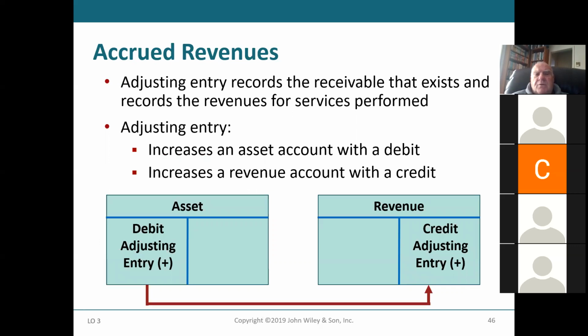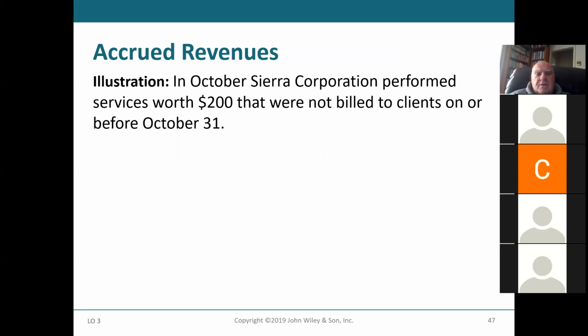The adjusting entry records the receivable that exists and the resulting revenue. So we have an asset going up. We're going to have a receivable going up and a revenue account going up. Sierra Corp performed services that were worth $200, and for some reason we didn't bill the client yet, okay?